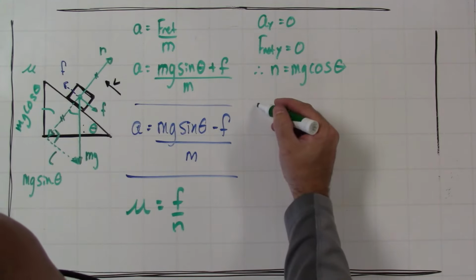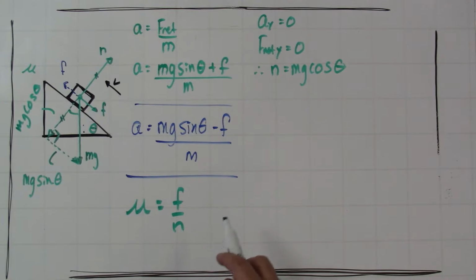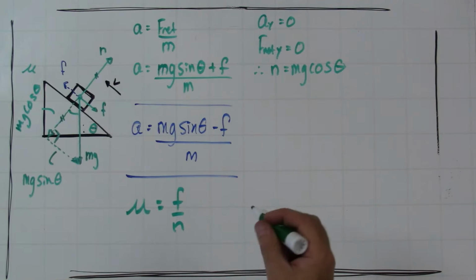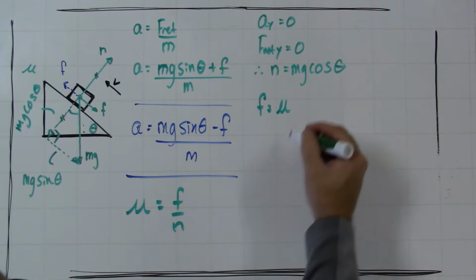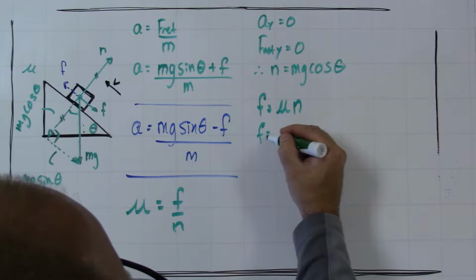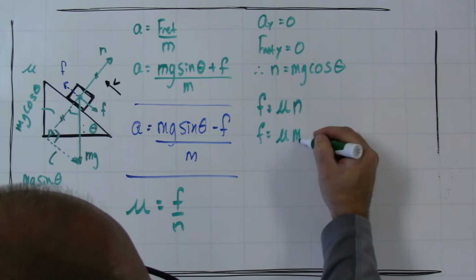So given that, I'm wondering if I can make a substitution. So the frictional force would be equal to mu times the normal force. So the frictional force is equal to mu times mg cosine theta.